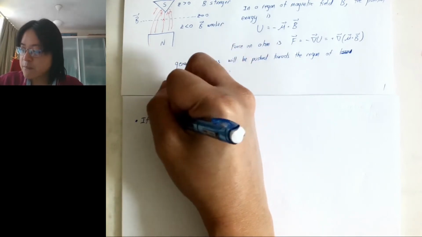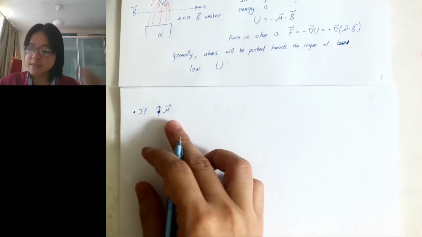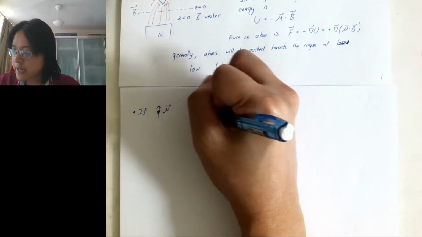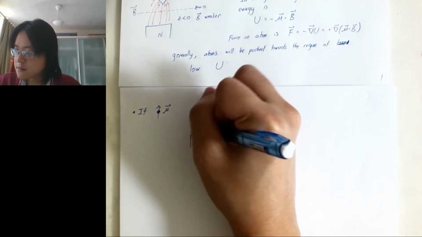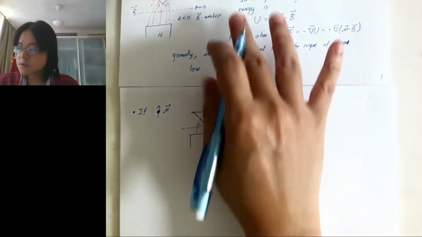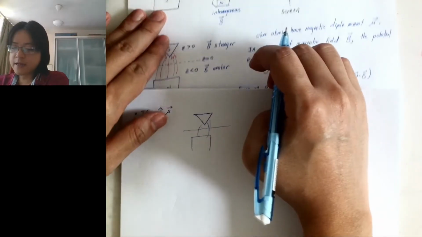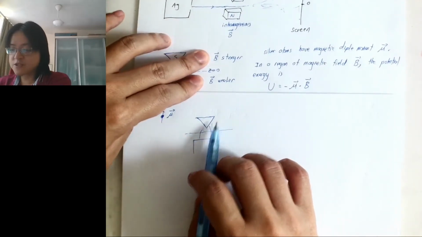So let's say my atom has its magnetic dipole moment pointing this way. Let's see what happens here. My inhomogeneous magnetic field is like this, and this is the middle part. In the middle part, the magnetic field is stronger, but what about the function?